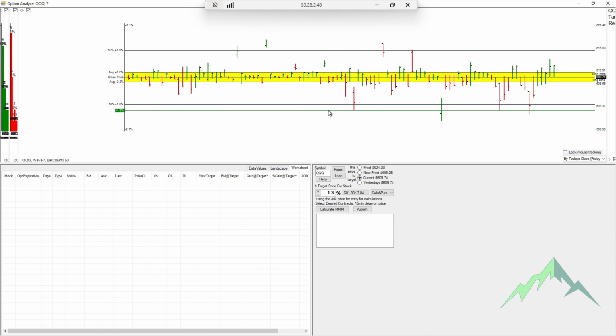And then we'll grab our last one right here at 601.01. And then I'll mark out what our pivot is.